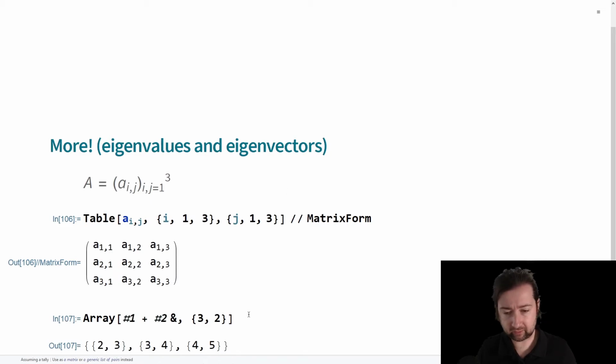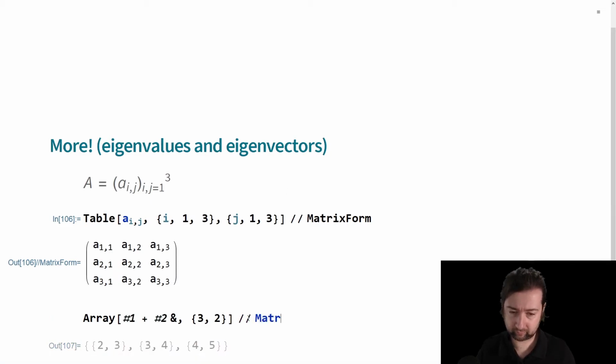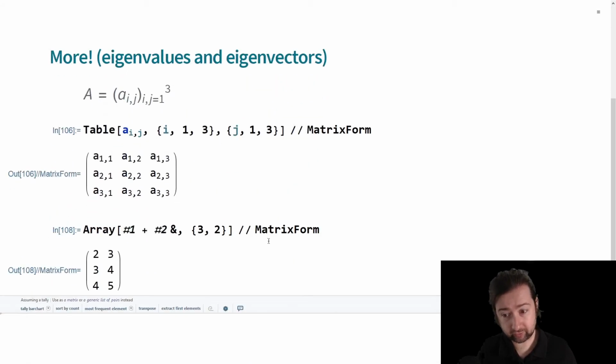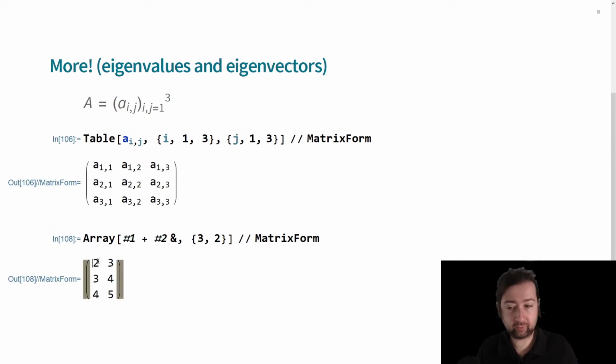Then what we're going to get here is a 3 by 2 matrix where each entry is the sum of its indices. This is the 1,1 entry, which adds to 2. This is the 1,2 entry, which adds to 3, and so on. So if you have a formula for defining a matrix, and that happens frequently, it's very easy to generate that matrix using the Array function. That's the natural function to use in that context.